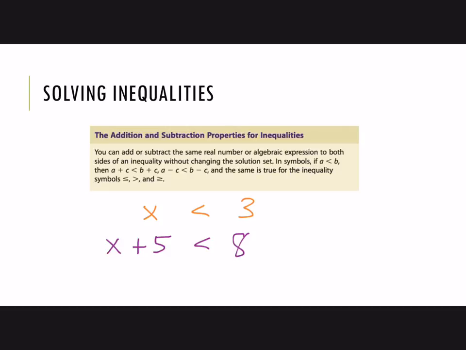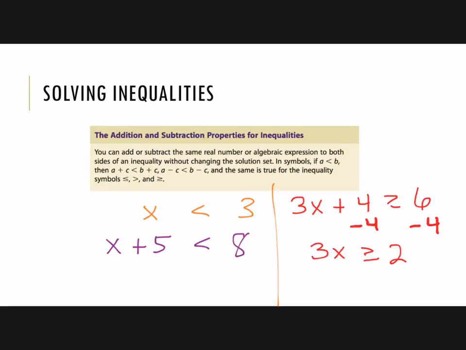Let's say we have 3x plus 4 is greater than or equal to 6. Then I can subtract 4 from both sides of the inequality, and it would also be true that 3x is greater than or equal to 2.